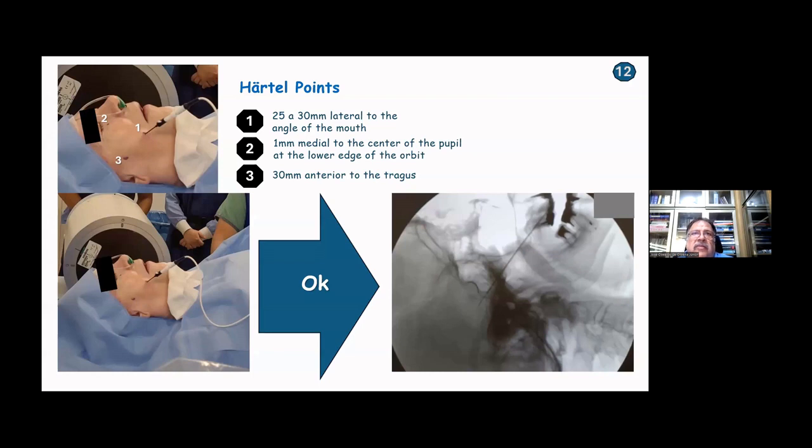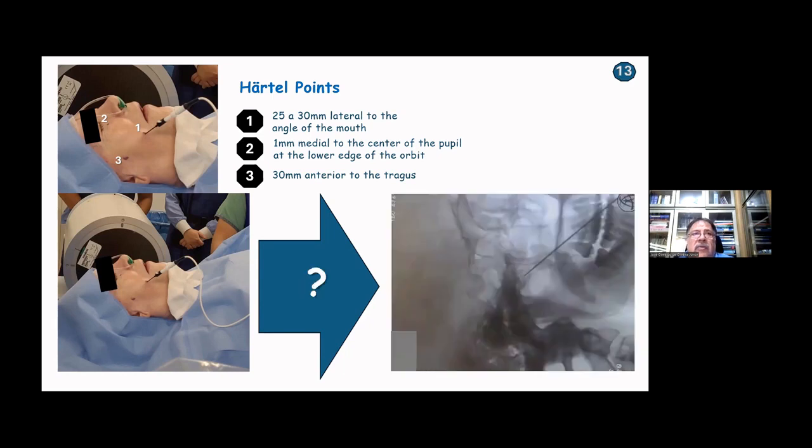For many years, neurosurgeons around the world were able to perform procedures by assessing the oval hole only with the variable assistance of Hartel points. In effect, some foramina are particularly difficult to puncture.